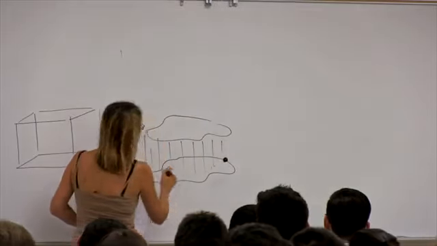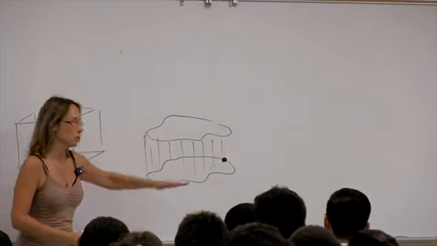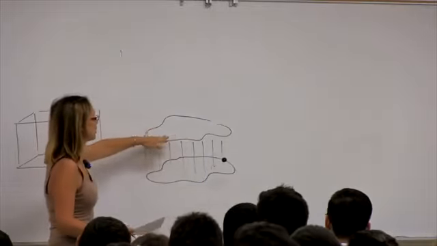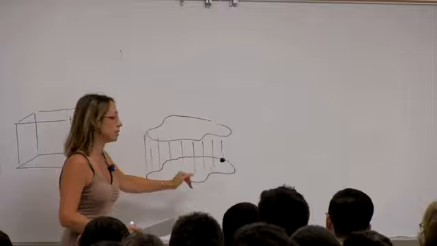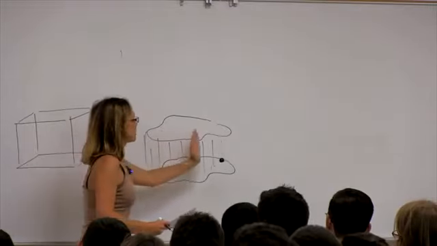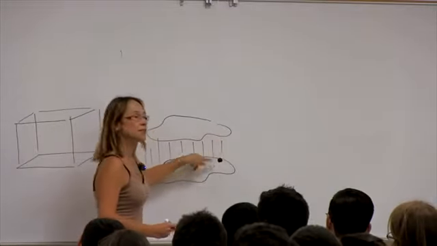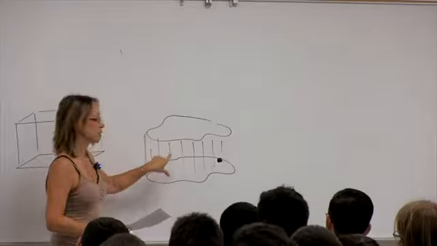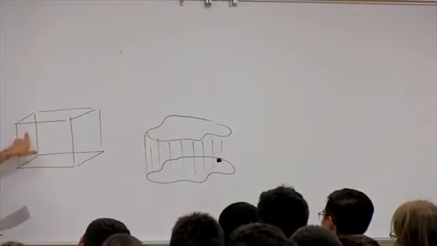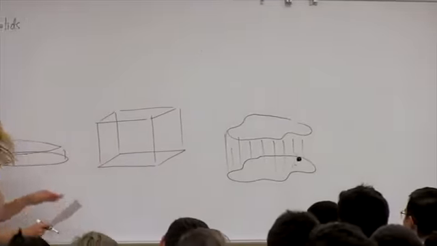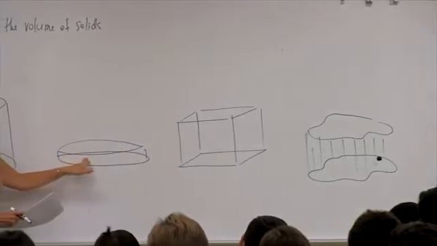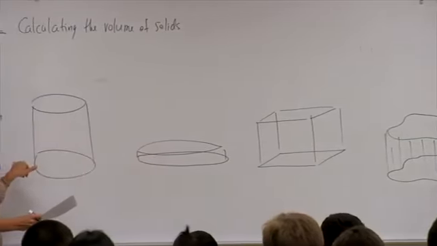So this is a cylinder. It doesn't look very good, but the top cover should be identical to the bottom cover, and everything in between are perpendiculars of the same height. So this is a cylinder whose base is a rectangle. This is a cylinder whose base is a circle, and so is this.